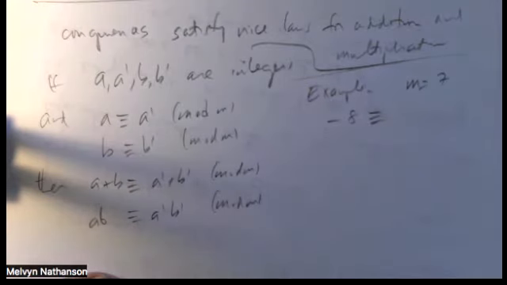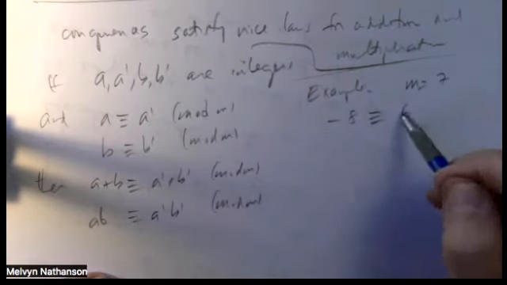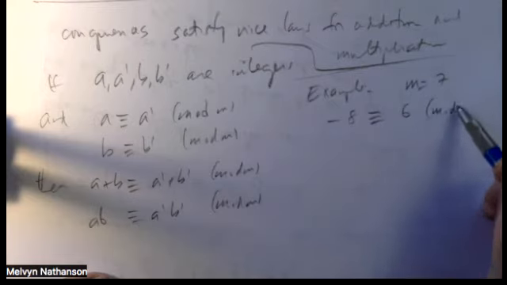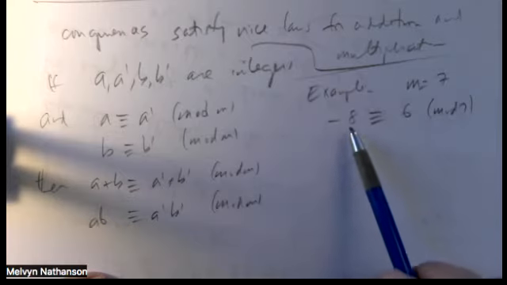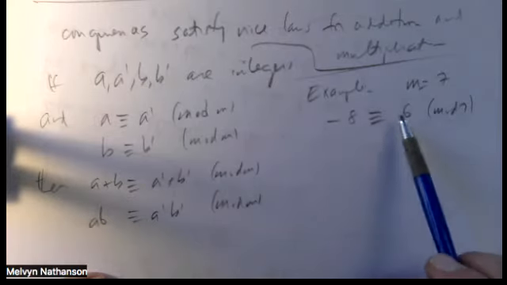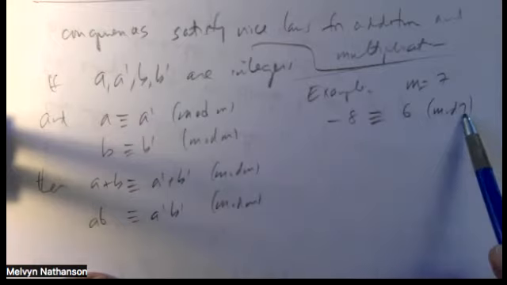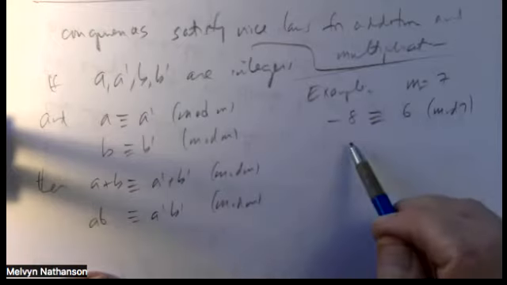So for example, suppose we take, I don't know, m equal to 7. So minus 8 is congruent to 6 mod 7. Why is that? Because minus 8 minus 6 is minus 14, and 14 is divisible by 7.